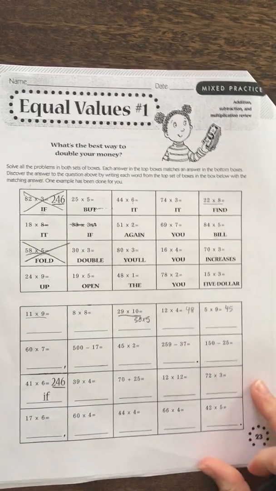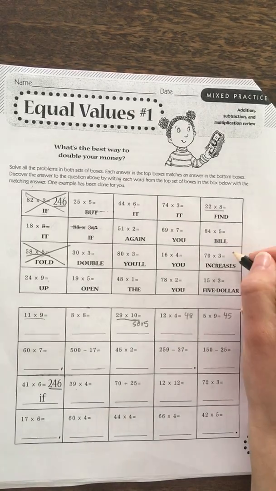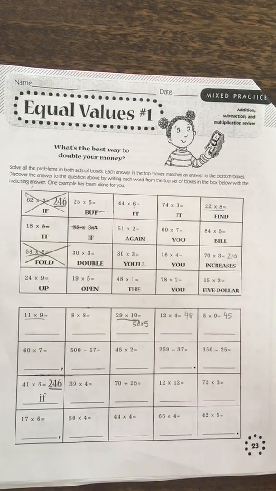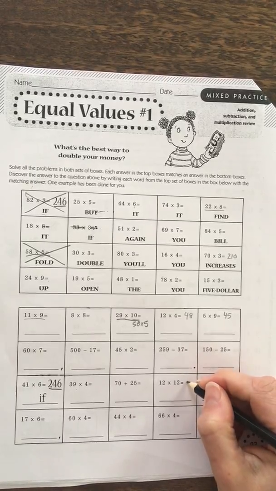And that's okay. When we are trying to find these relationships, sometimes the one you think you have is going to be right, and sometimes it's not, and either way is all right. This one I know is 210, so I can keep a lookout for something that's 210 as I go. And I know that 12 times 12 is 144.